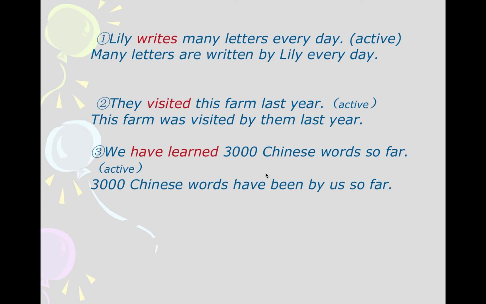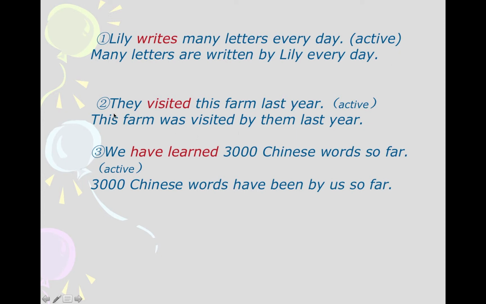Let's translate this to passive voice first. Many letters are written by Lily every day. So now Lily becomes a taker from an executor, taking the word written here. So this is the first sentence we see here.